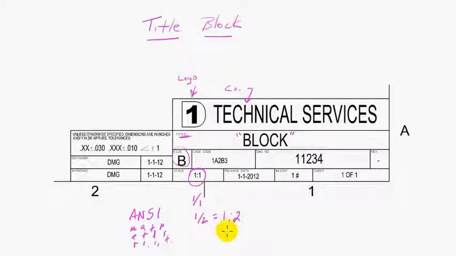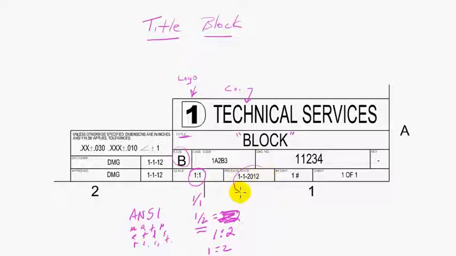What that would mean is, I'm sorry, got that backwards, 2 inches. That was correct. 1:2, which is the same as 1 equals 2. It's getting late. That would mean that 1 inch on the drawing equals 2 inches in real life, which would be the same as half scale.